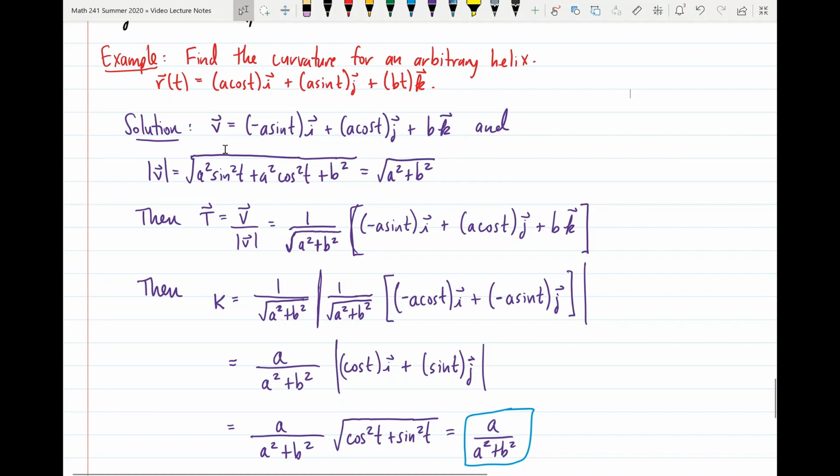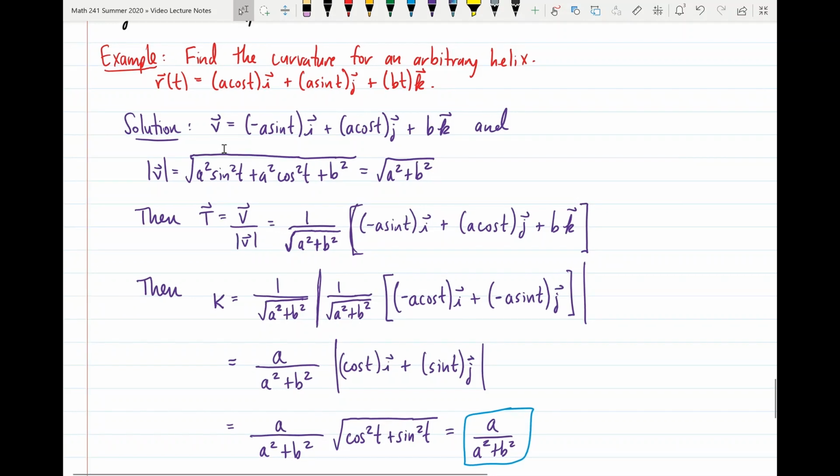We're going to start off by finding the function for velocity. So the velocity is going to be the derivative of r, and we find that the velocity is equal to negative a sine t i plus a cosine t j plus b k, and the magnitude of the velocity is equal to the square root of a squared sine squared t plus a squared cosine squared t plus b squared.